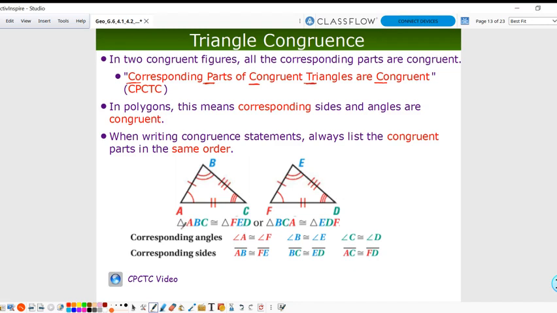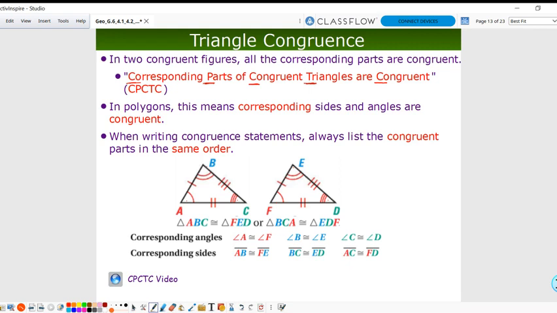Therefore, when I name it and make that comparison of congruence, I'm saying triangle ABC is congruent to FED. I can't name it in a different order because I'm listing the angles congruent to themselves.